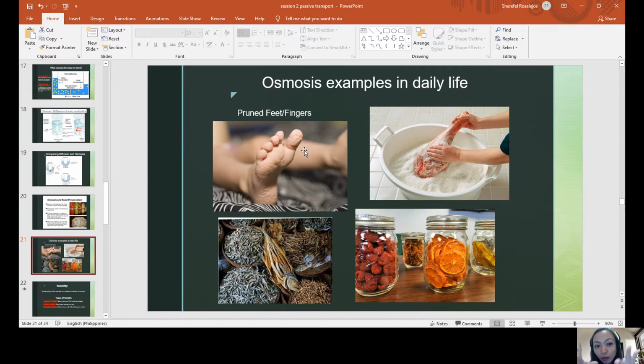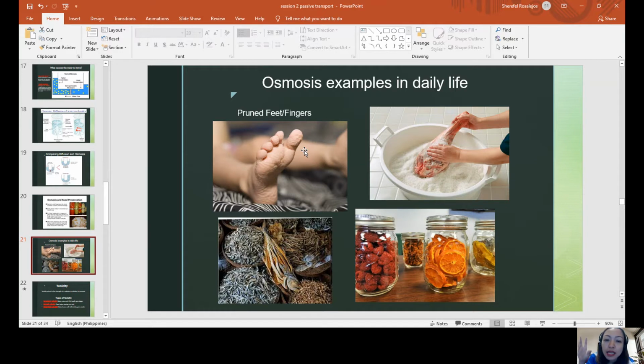It is not that they shrivel because water goes out of your cells, but it is the other way around, the water from the outside goes into your cells. That is why they become swollen unevenly. Because the water has a high concentration in the environment outside the cell while you are swimming. Okay? So those are osmosis examples in daily life.